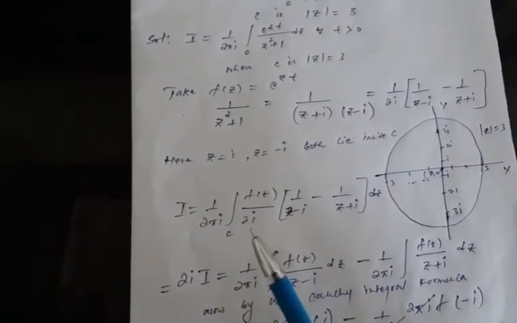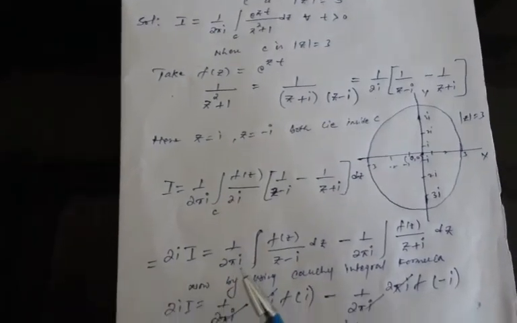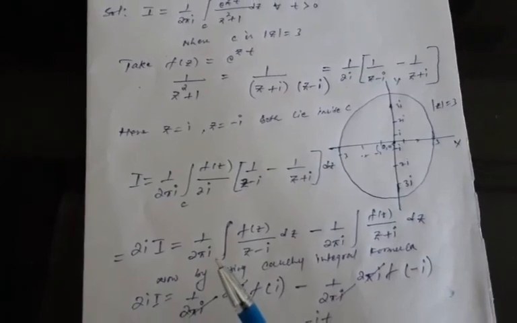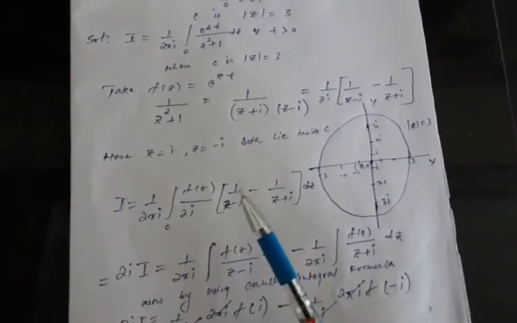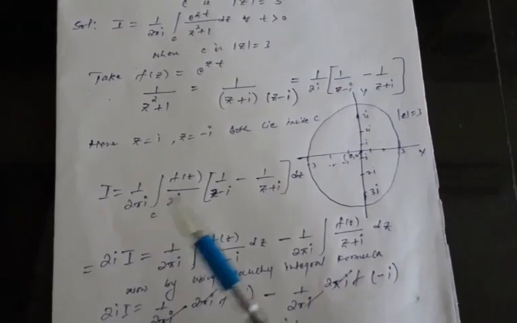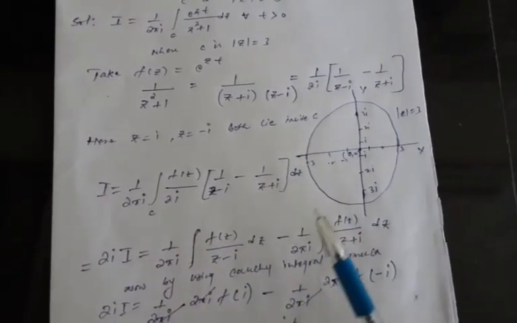Okay, so moving further, in the next step what do we get? Doing the cross multiplication, we get I into 2i equal to 1 by 2 pi i f(z) divided by z minus i. Now multiplying 1 by z minus i by f(z), and again also multiplying by f(z), and this is multiplied by 1 by 2 pi i in both terms.